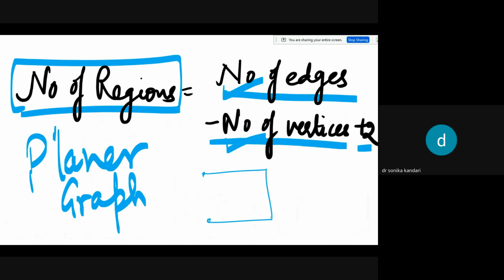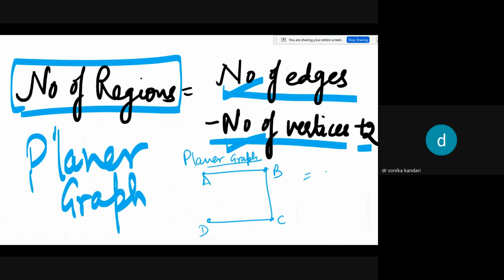In this graph, find the number of regions. Is this a planar graph, yes or no, class? Yes, it is a planar graph because there are no edges crossing each other. Fine. Now find number of regions.